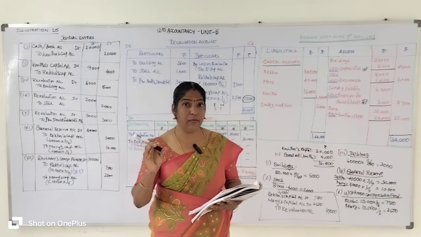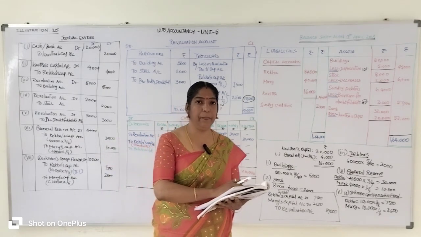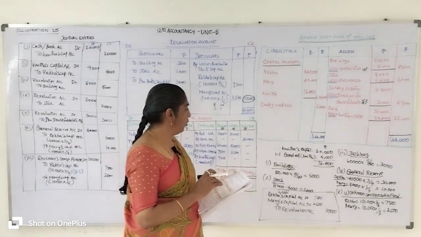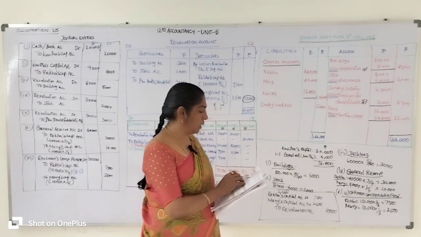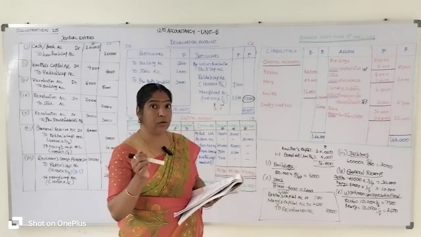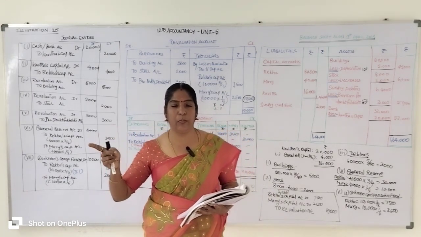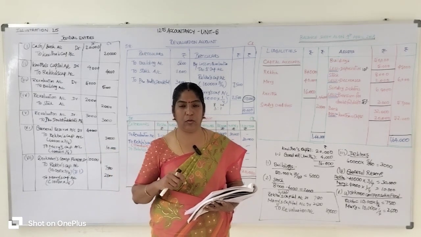So that goodwill value 4,000 rupees is taken from Kavita's capital account. What is the journal entry? Goodwill account debit to Kavita's capital account. Then that 4,000 rupees goodwill is immediately transferred to the old partner Rekha's capital account.